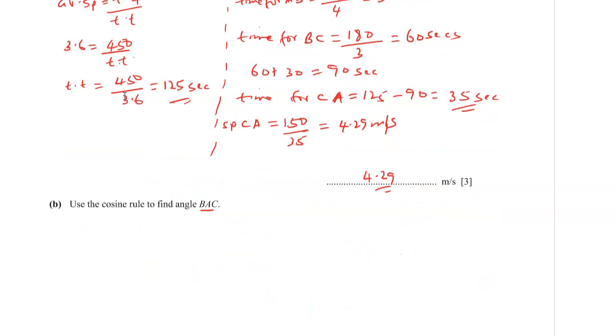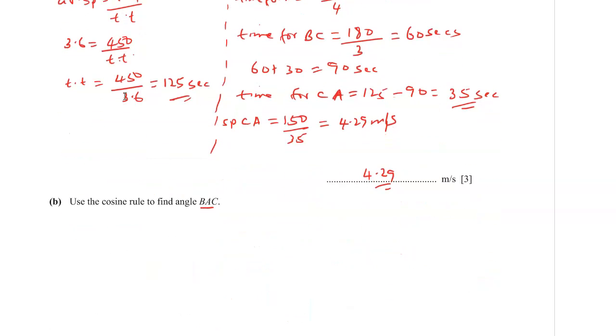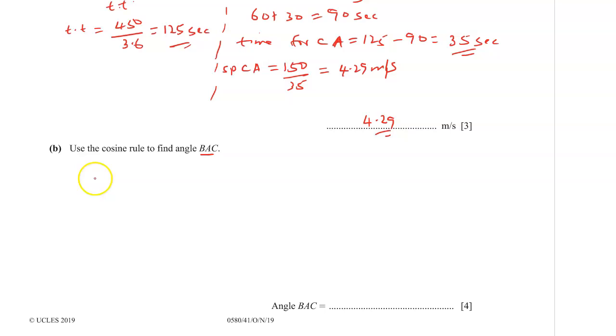So cosine rule, cos A is equal to b squared plus c squared minus a squared over 2bc.